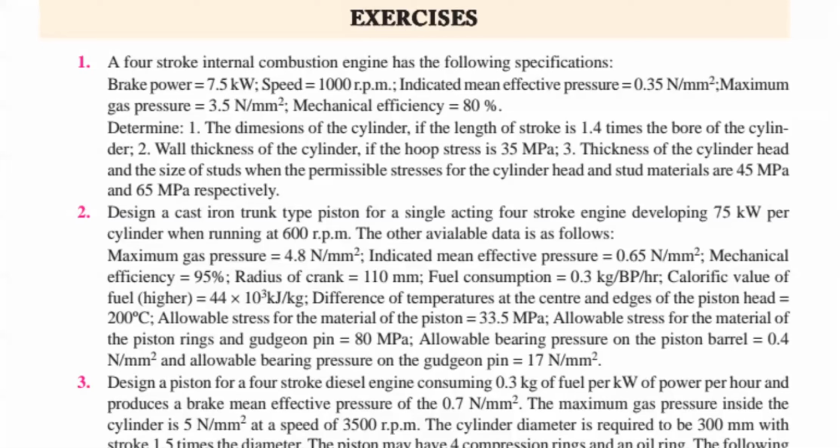Now determine the dimensions of the cylinder. The length of the stroke is 1.4 times the bore of the cylinder. Determine the wall thickness of the cylinder if the hoop stress is 35 megapascal, and the thickness of the cylinder head and the size of the stud when the permissible stresses for the cylinder head and stud material are 45 megapascal and 65 megapascal respectively.